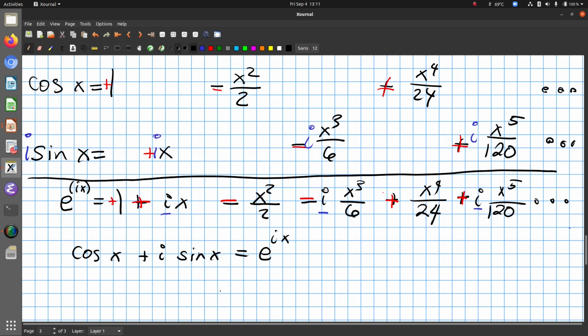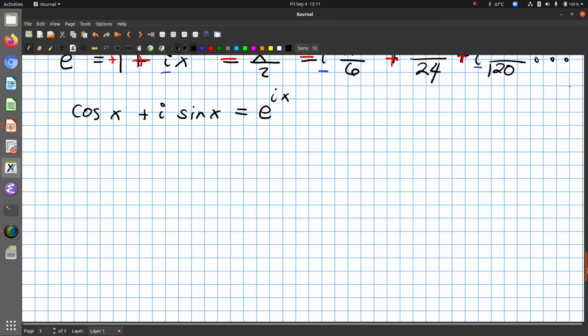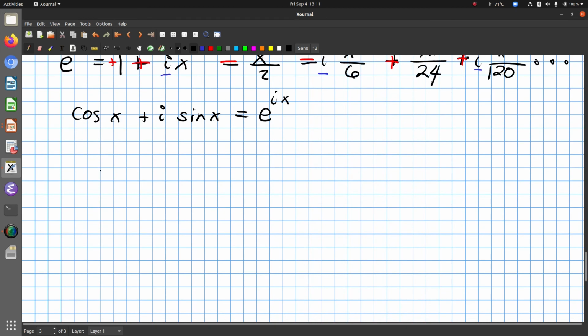Now, that looks like a whole lot of black magic, but it turns out to be really, really valuable. In particular, this means that if you know something about sines and cosines, it's really something about exponentials. Kind of amazing. Now, sometimes it's handy to have an explicit formula for sine and cosine. If you go ahead and solve this expression for sine and cosine, you'll end up with a little bit of algebra.